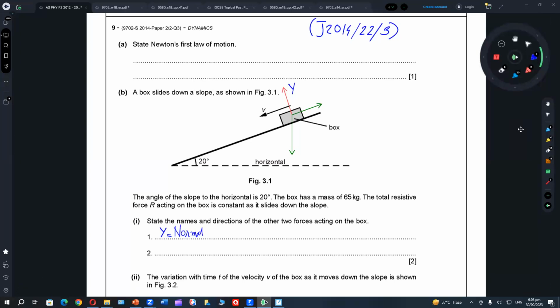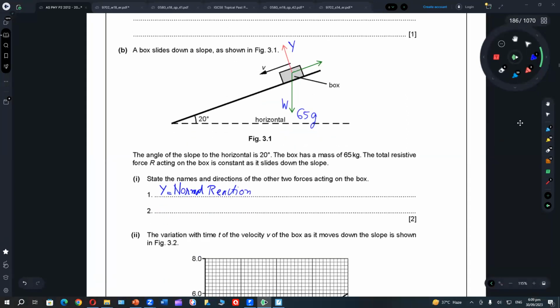The name of the force is the normal reaction. 65 g is the weight. So what would be the other force? Obviously, the weight of the object.